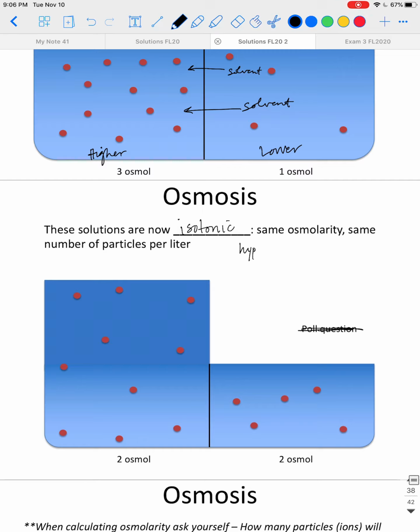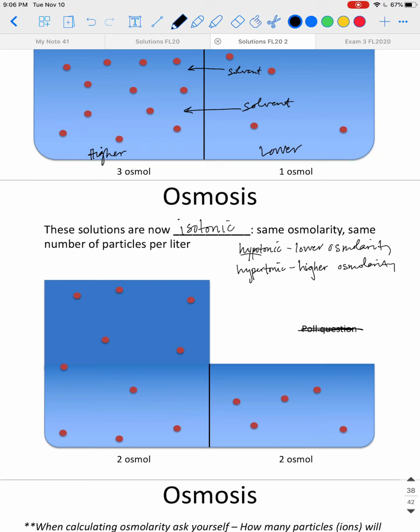Because if we have isotonic, meaning same osmolarity, we also have something called hypotonic, hypo meaning lower osmolarity, and hypertonic, meaning a solution that has higher osmolarity.